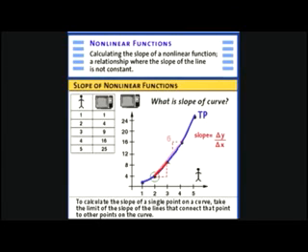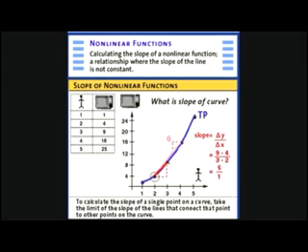The slope in that case is going to be equal to the output has changed to 9 from 4, divided by a change in workers from 2 to 3, gives a slope of 9 minus 4 is 5 over 1, which is equal to 5. So the slope at this point is 5.